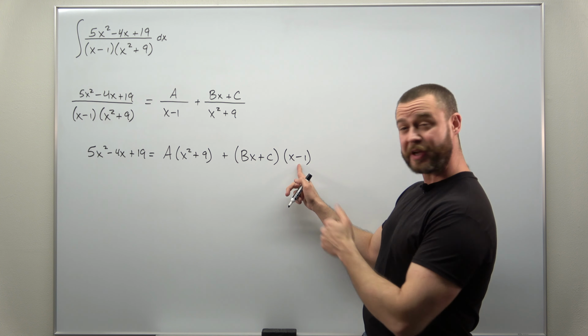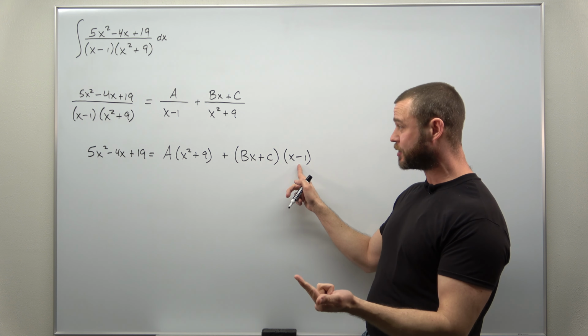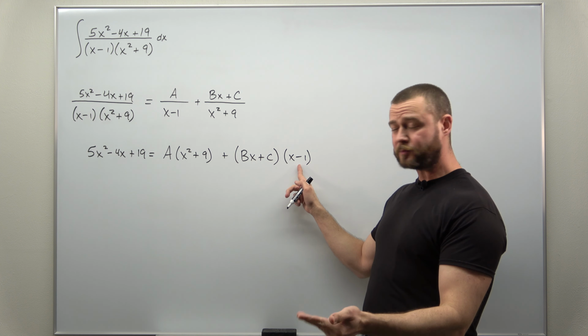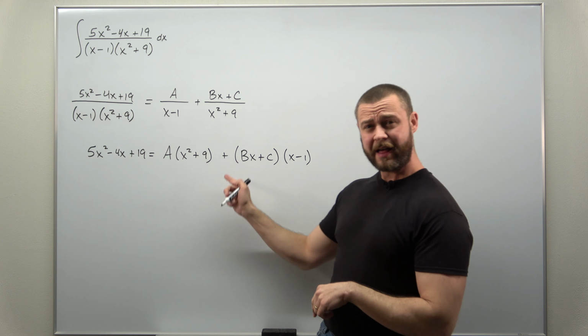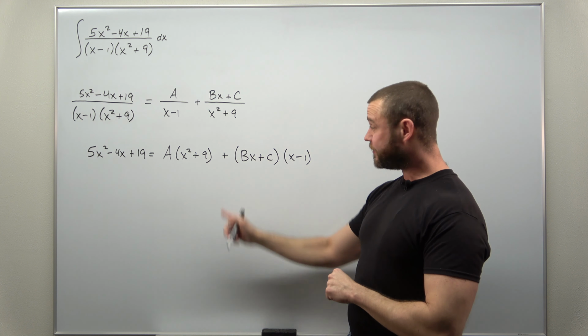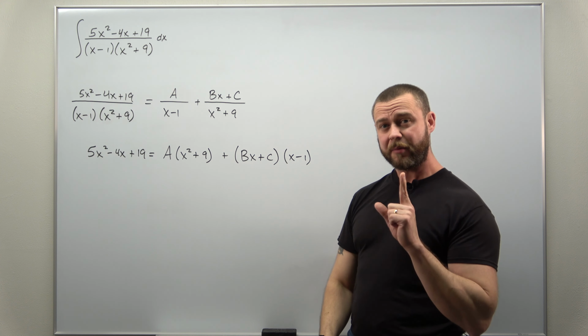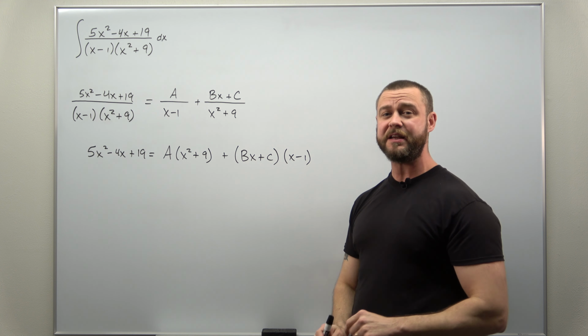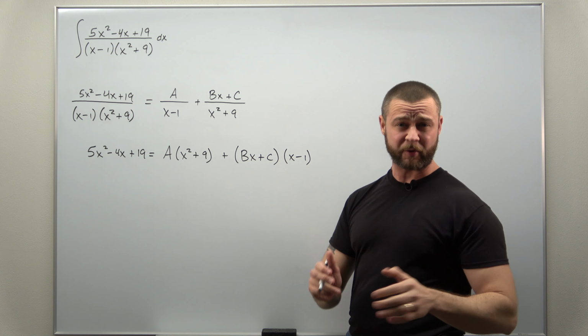I guess x equals 1 would be a good value, maybe 0, and then another value. But depending on how complicated your left side is, and especially if you have any repeated factors, plugging in could be very, very tedious with respect to basic arithmetic.